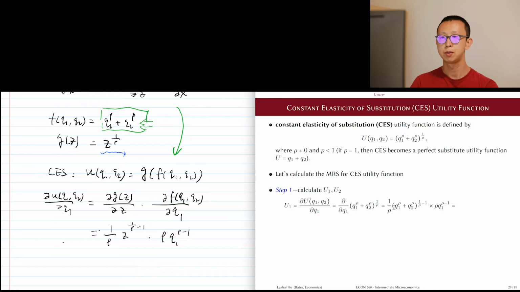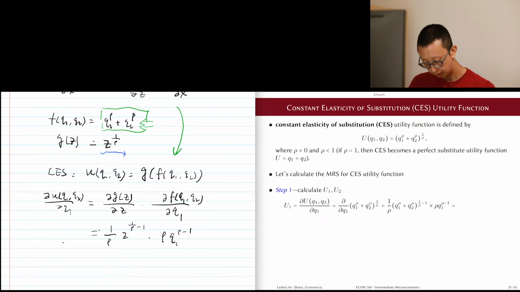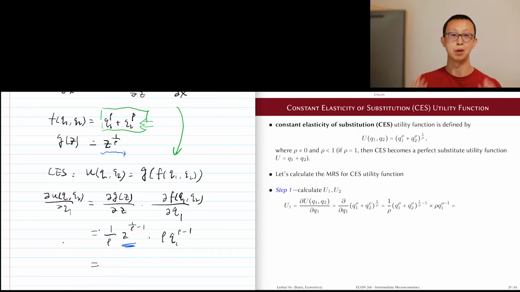Now, what is the first part? Where did that come from? Well, we already have that in place. It is hiding right here. Remember, z is simply the placeholder we used to replace f of q1 and q2. It is just a wrapped up bundle. Let's write it down. What is z?